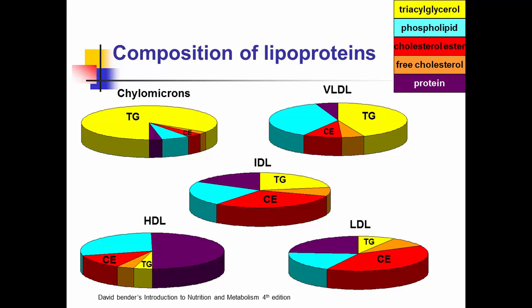Chylomicron and VLDL are triglyceride rich, right? So you can see the percentage or proportion of triglyceride is huge, particularly chylomicron compared to other lipoproteins. And HDL and LDL are cholesterol rich, right? So you have lots of cholesterol esters in the LDL particularly, and also HDL.